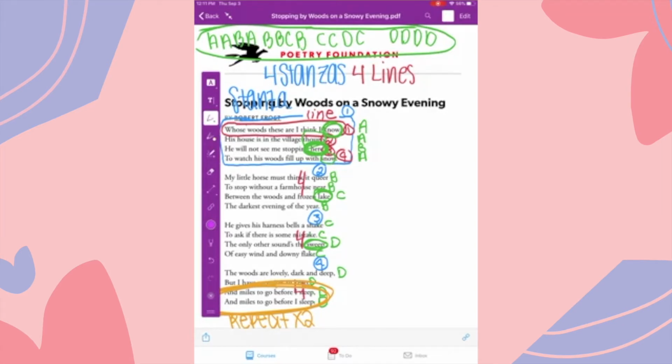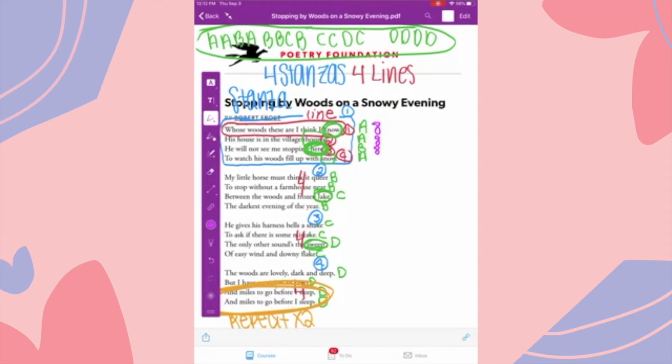"Whose woods these are, I think I know." This line has 8 syllables. Let's take a look at the next one. "His house is in the village, though." This line also has 8 syllables. "He will not see me stopping here." 8.